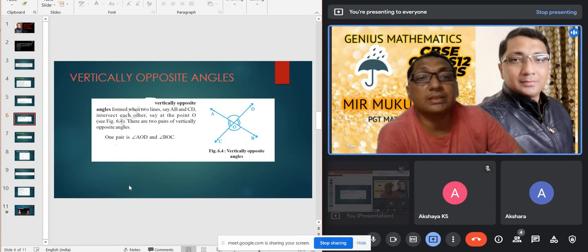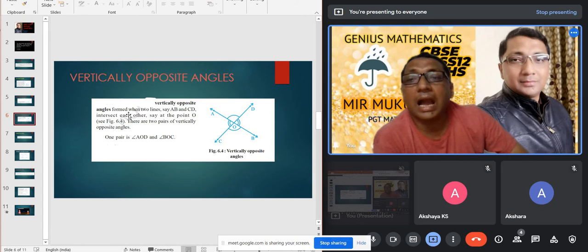Now vertically opposite angles. Many times students do not understand the meaning of vertically opposite angles and how they are formed. Angles are formed when two lines, say AB and CD, intersect each other at the point O. There are two pairs of vertically opposite angles.